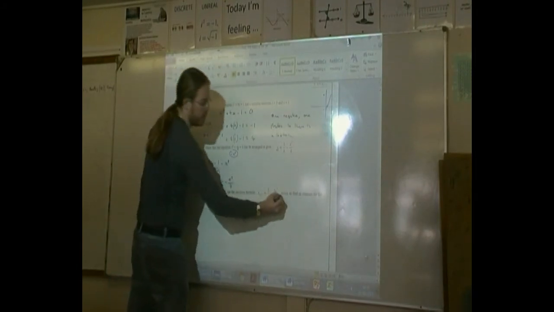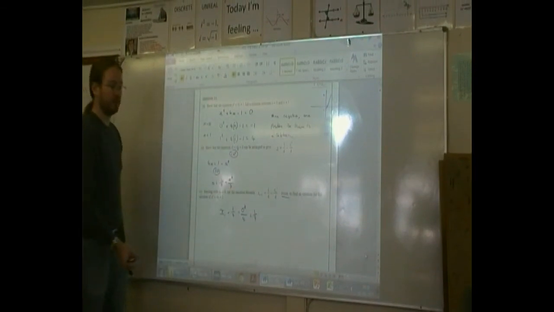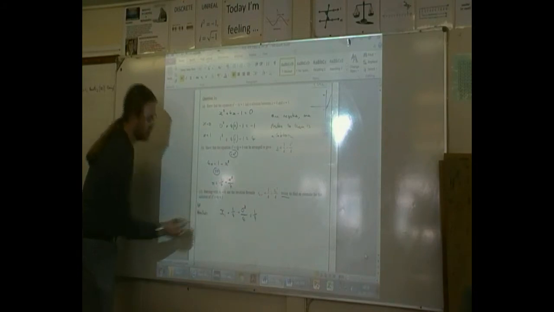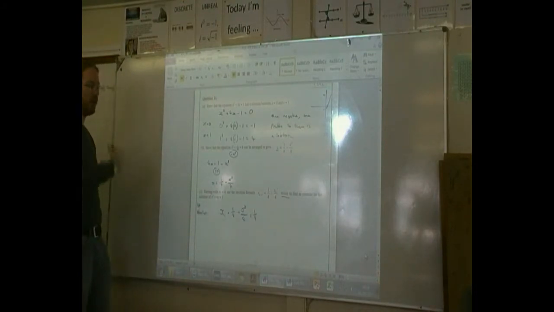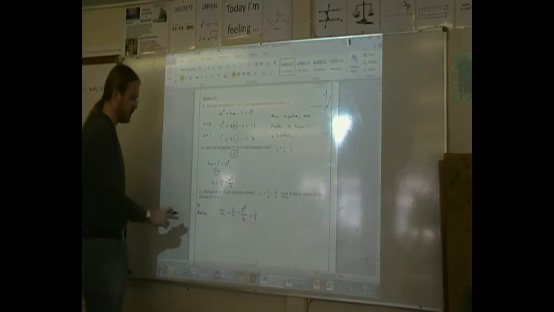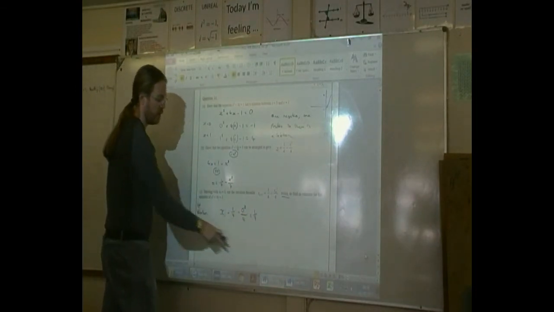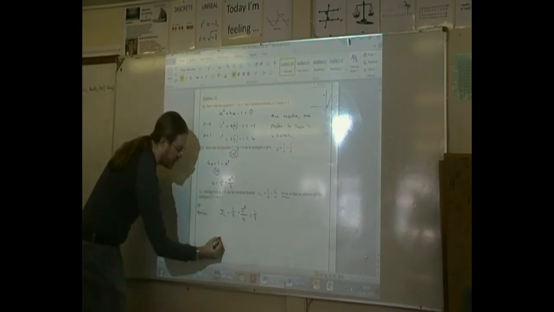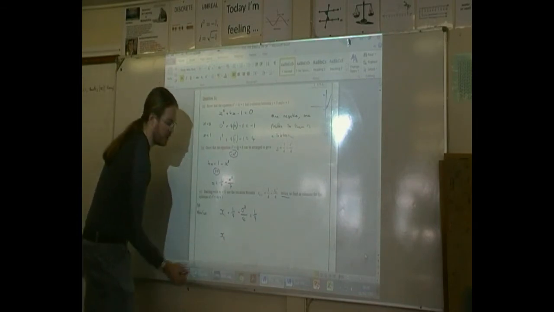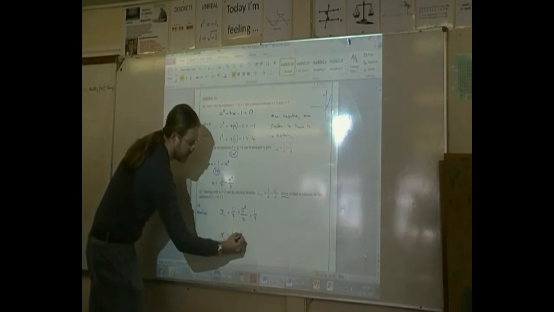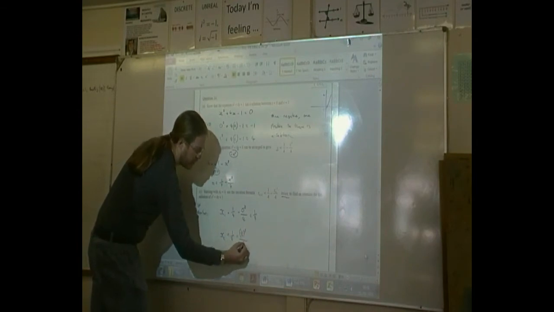We're having to do it twice, and that's our first one. So you can write down first iteration if you want. Iteration just means putting it through the process more than once. We now have a new value of x. So the second iteration of x is going to be 1/4 minus 1/4 cubed over 4.